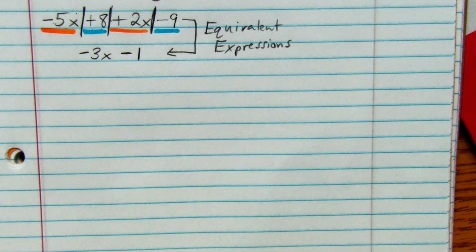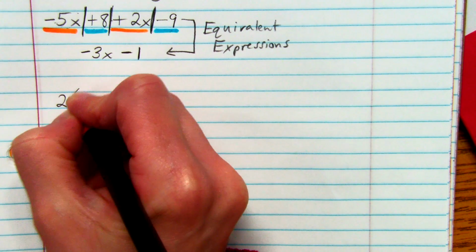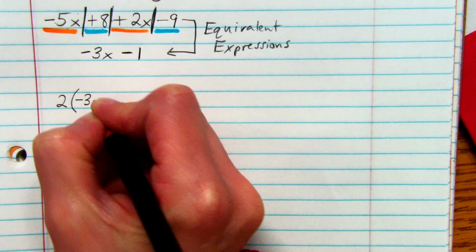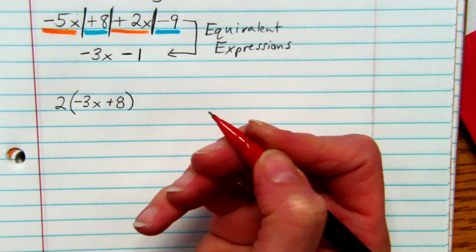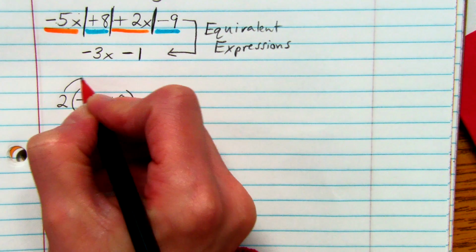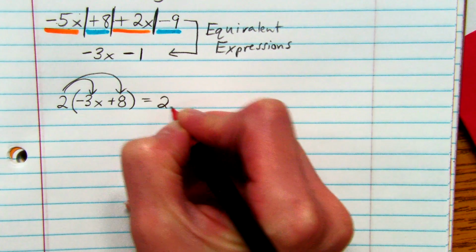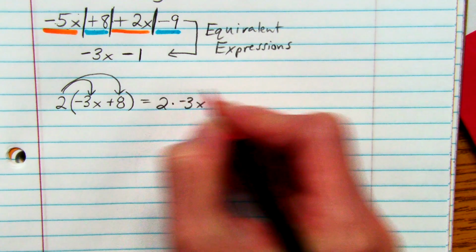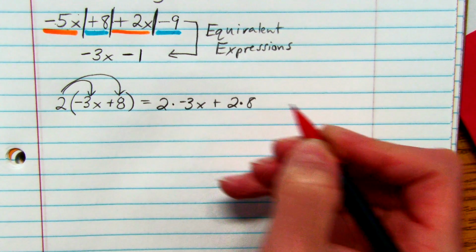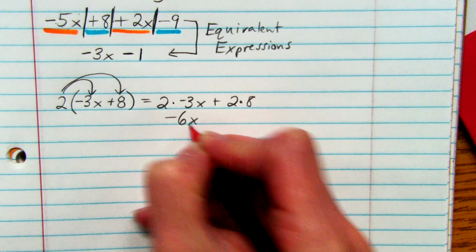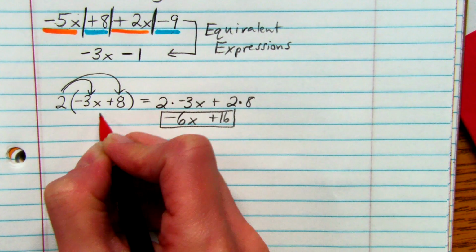So let's change gears a little bit. Let's talk about distribution a little bit. If I have 2 times negative 3x plus 8, and it says to simplify this, I would distribute this out, and so I'd have 2 times negative 3x plus 2 times 8, and I would get negative 6x plus 16 as my answer.